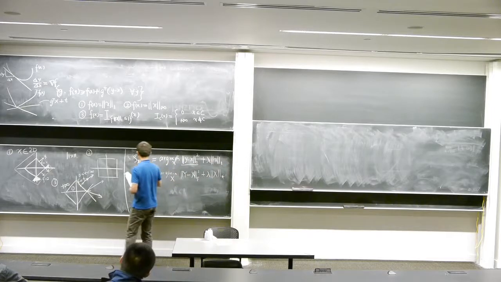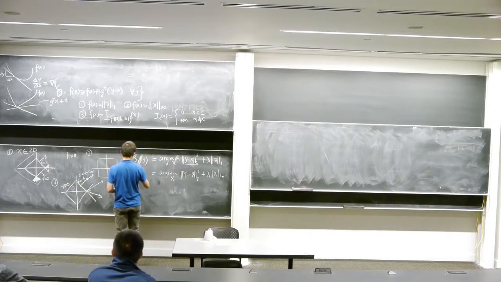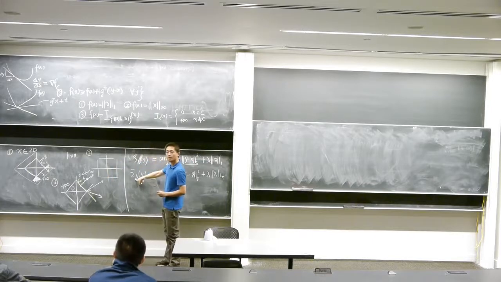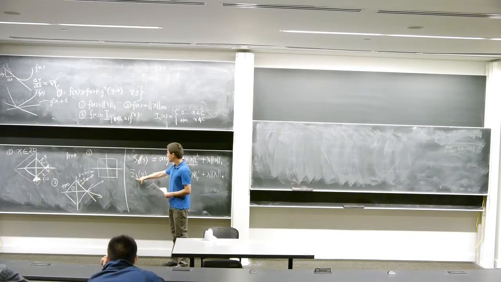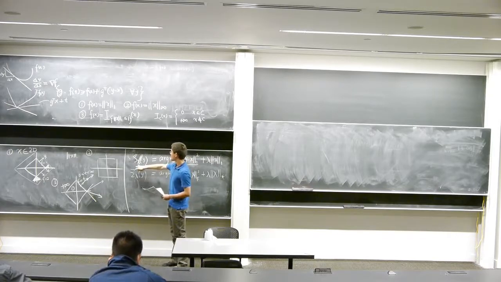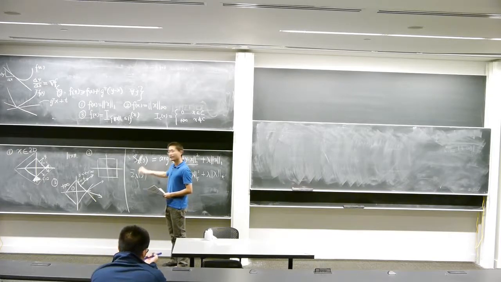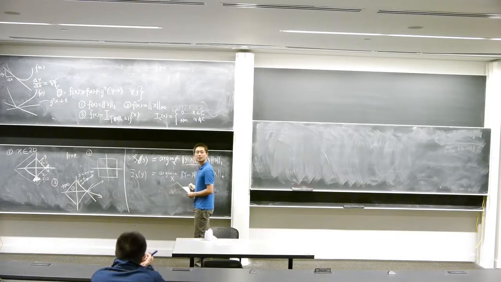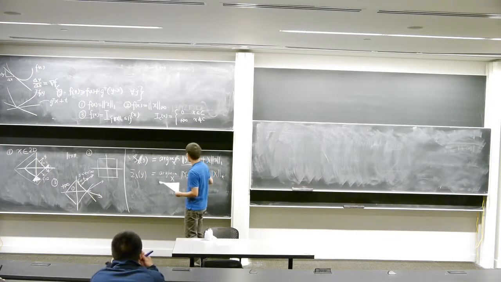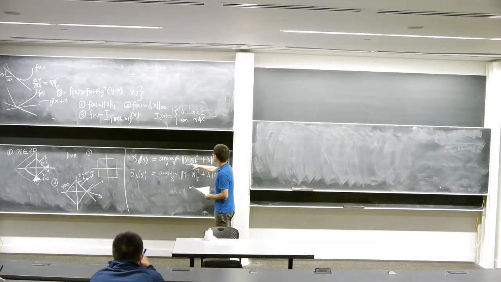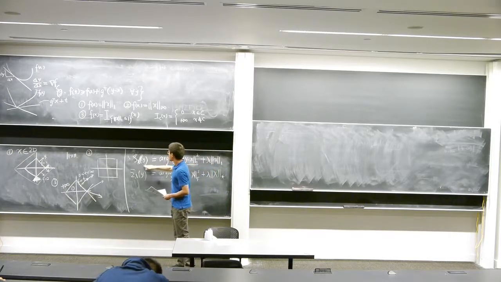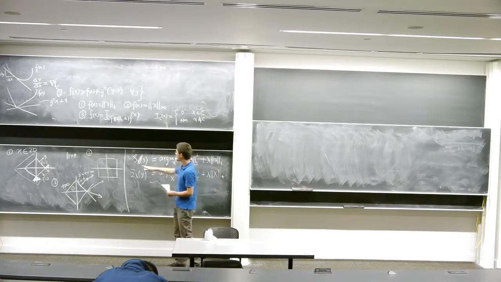And instead of soft thresholding, I have soft thresholding on the singular values to replace soft thresholding on entry values. And this is also a known result. If you want to prove this, you take the gradient and verify that the subgradient contains 0 for this value.